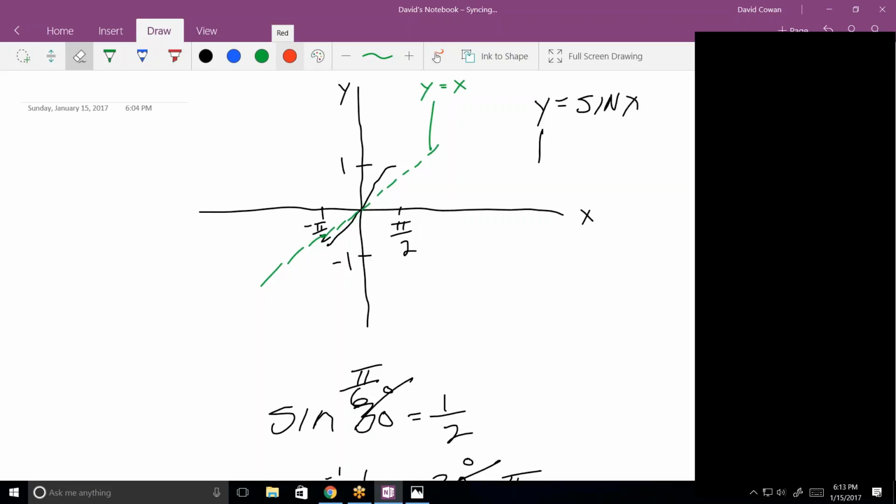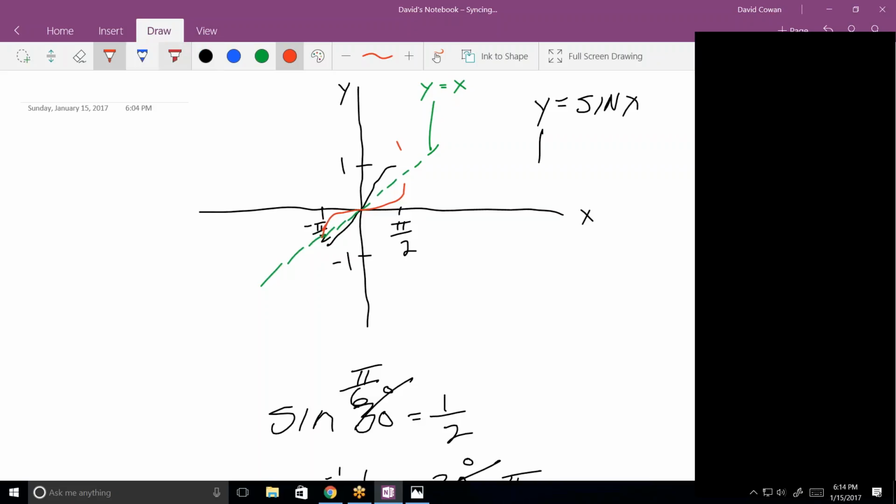Okay? Now, if I were to reflect that, I'm not sure I drew it quite right, but it's going to look something like that, right? Still with me? And whenever you take the inverse of a function by reflecting it over the line y equals x, then you also switch domains and ranges.